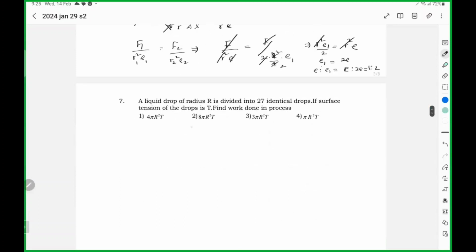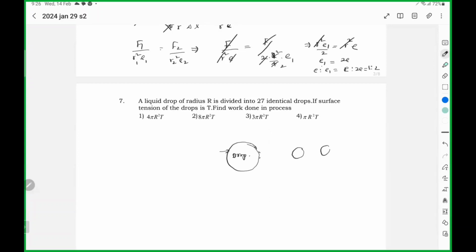A liquid drop of radius r is divided into 27 identical drops. So here, whatever energy is stored in the liquid drop, some energy is spent to make it into 27 drops.